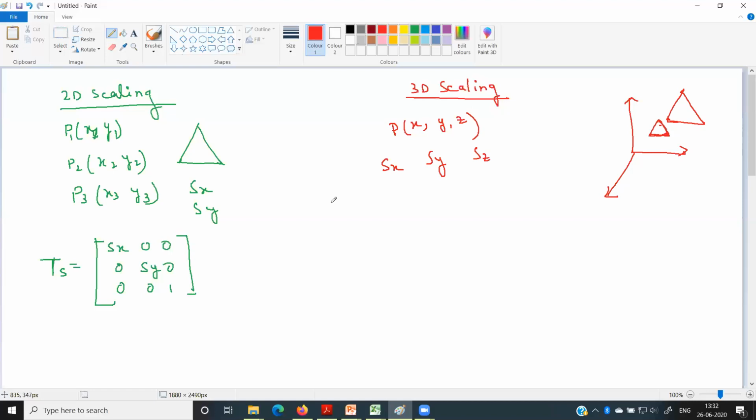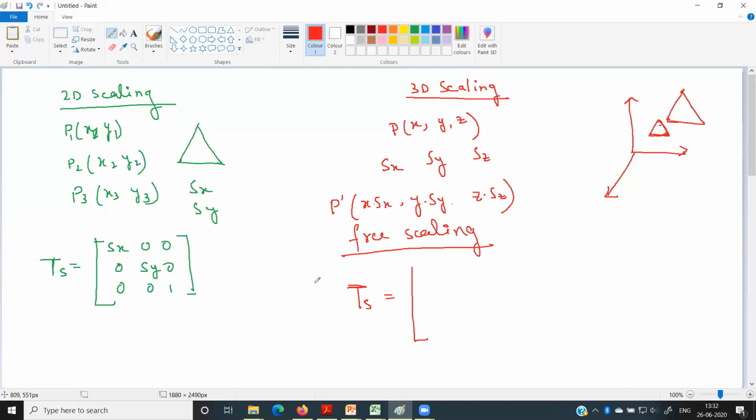Fine. After multiplying, the coordinates of the new point will be x·sx, y·sy, and z·sz. So this is called the free scaling, that means the scaling is performed with respect to the origin. If you want to perform the free scaling, the 3D scaling transformation TS will be the same as 2D.